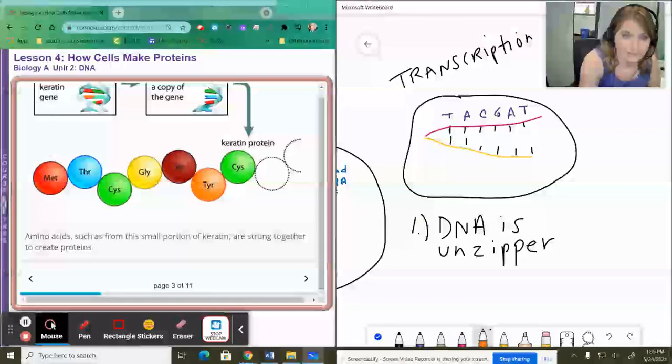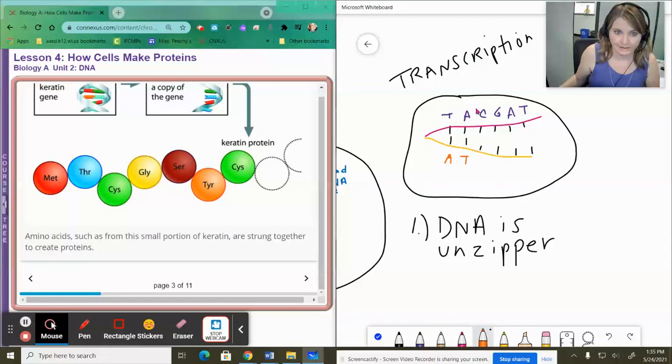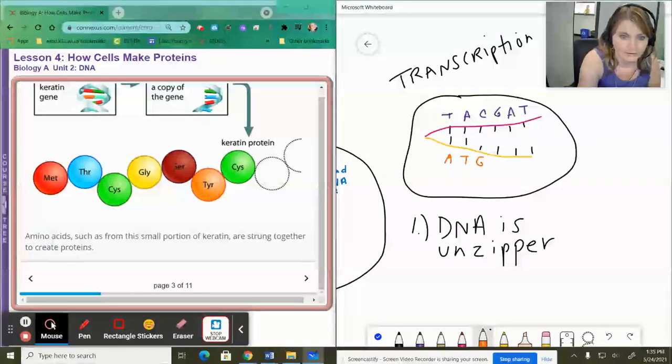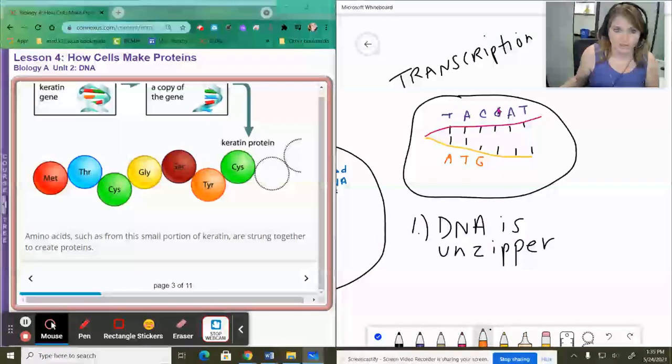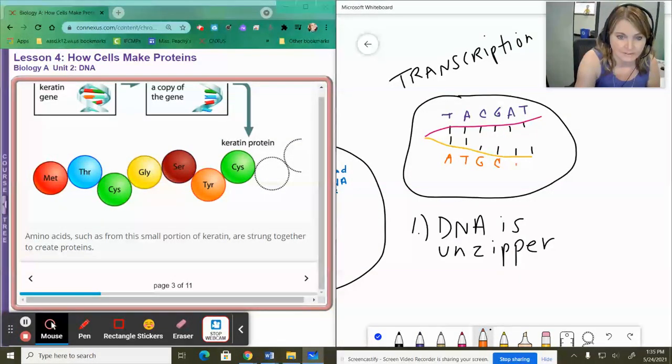So T always is going to match up with A. A is always going to match up with T. C is always going to match up with G. G is always matching up with C. A with T, T with A. This is what it would look like when it gets unzipped. So only one half of it, or one strand, is read.